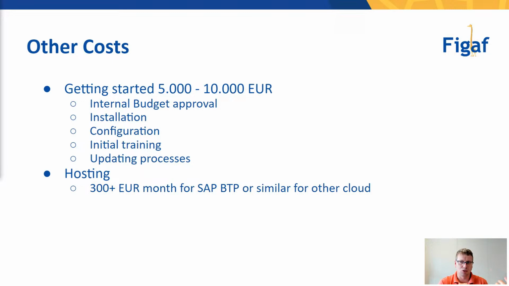Some of this can go to us, others can go just as your internal cost. And then you need hosting for this, which is 300 plus euros a month, depending on the size of your installation. What are your requirements? I do talk euros now. I guess that's the same in US dollars at the current rates.